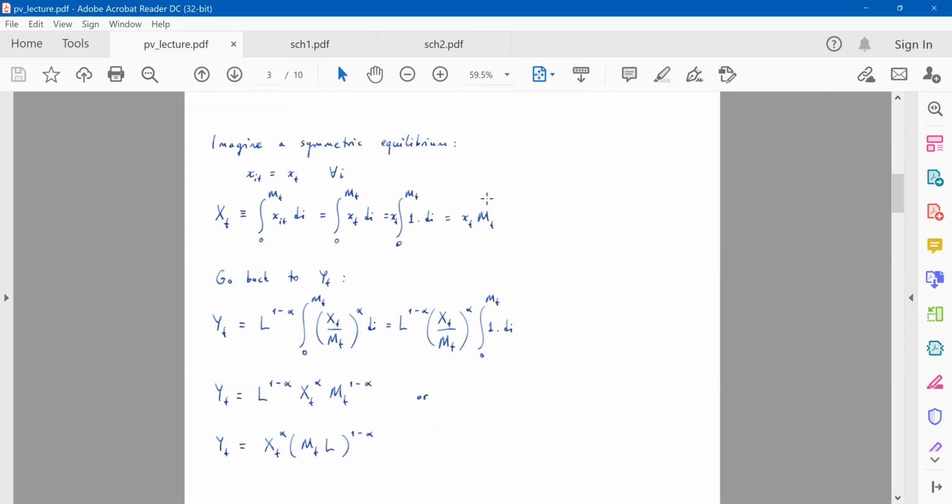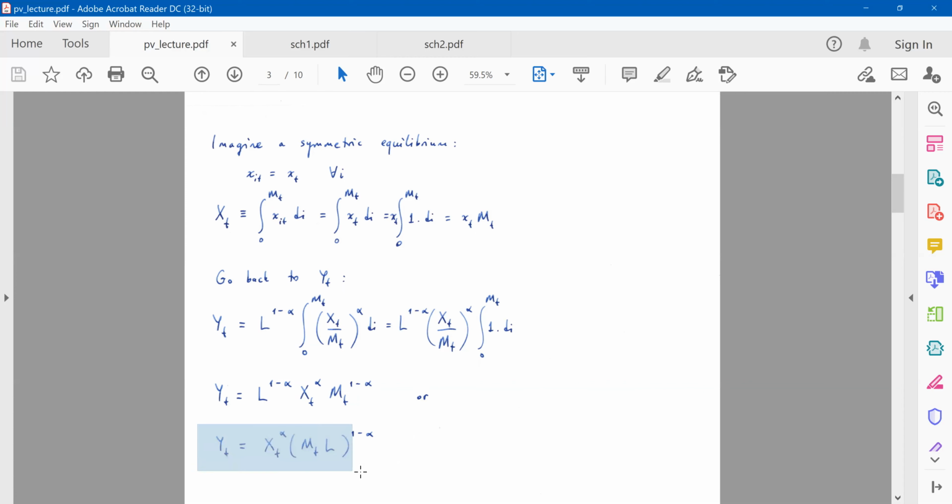But x_t times M_t would give you a measure of total capital. Now, if you put this back into it, right? So if you use little x, lowercase x, is equal to uppercase X divided by M. So if you put this back into the production function and do the math, you see that the production function can actually be written as a Cobb-Douglas one.